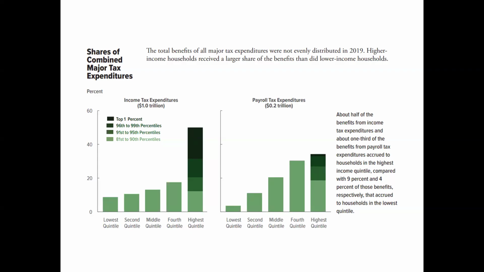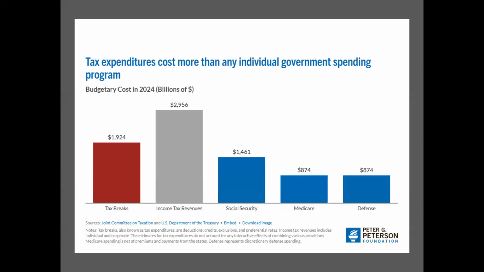And again, we talked about the progressive nature of this, that the more you make, the more you pay in income taxes. That side of the income tax is progressive, but the tax expenditure side of it is what we would consider to be regressive because a larger disproportional amount goes towards wealthier people.